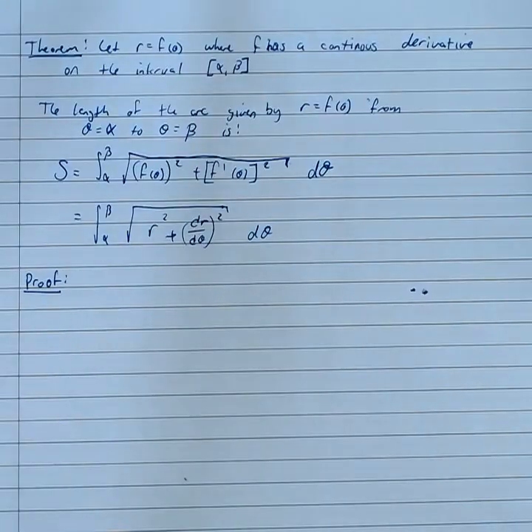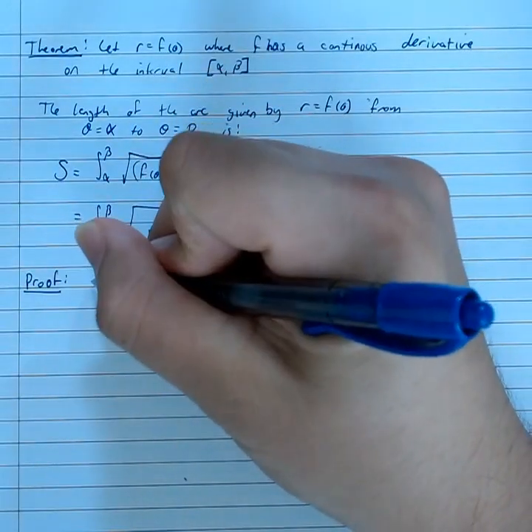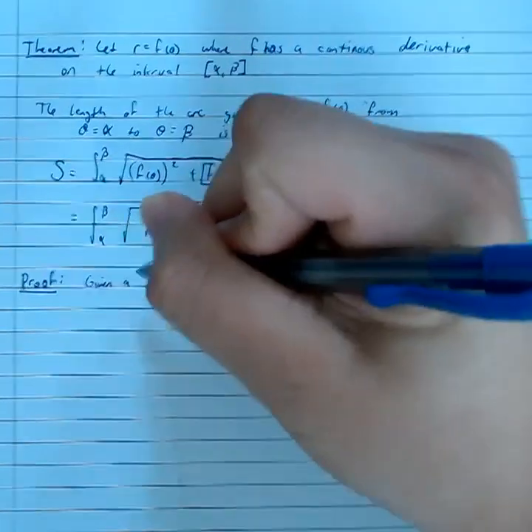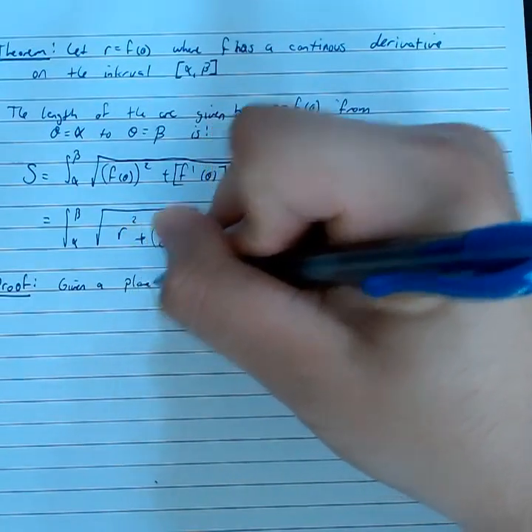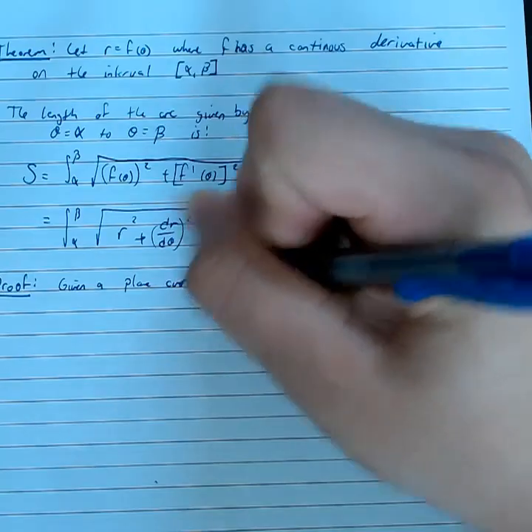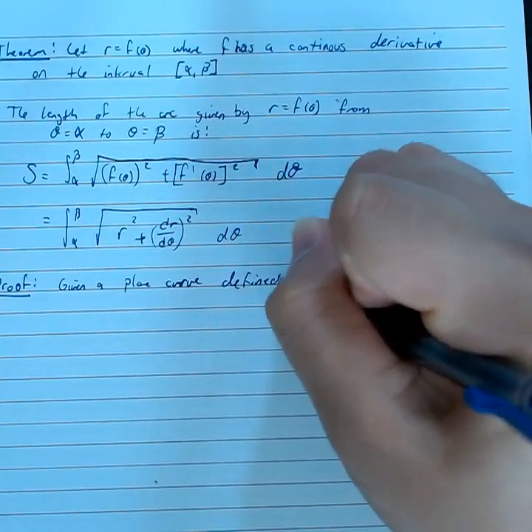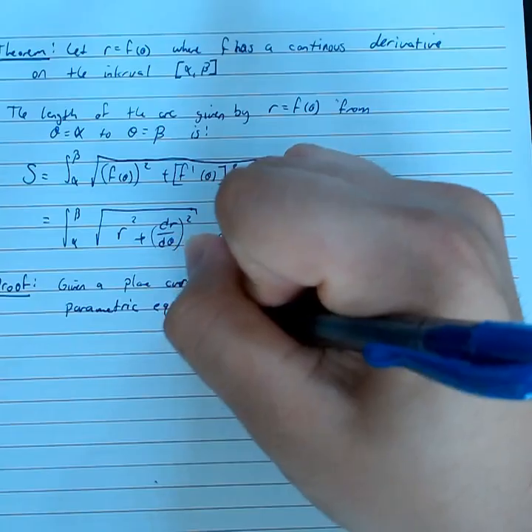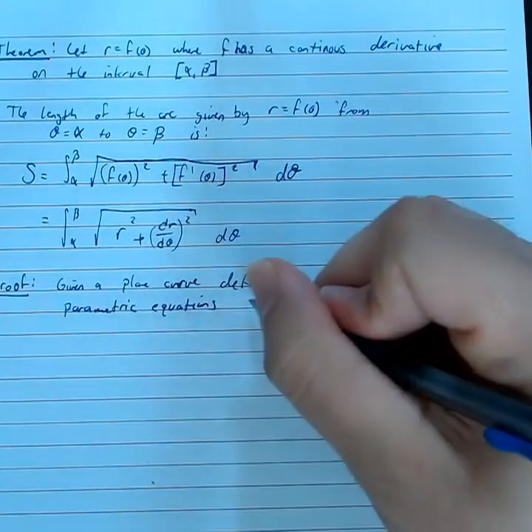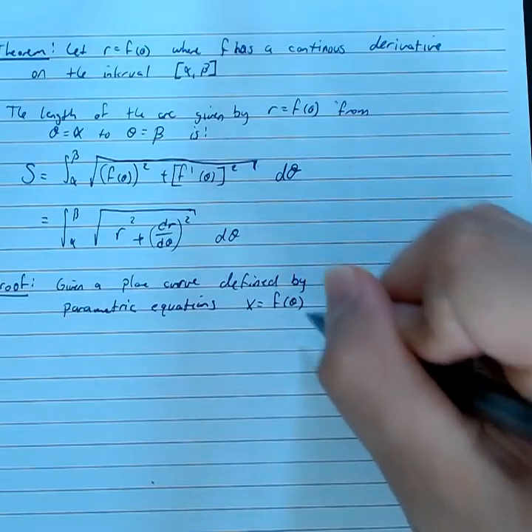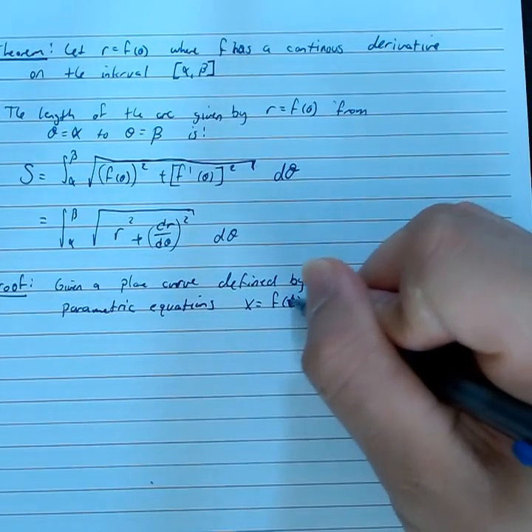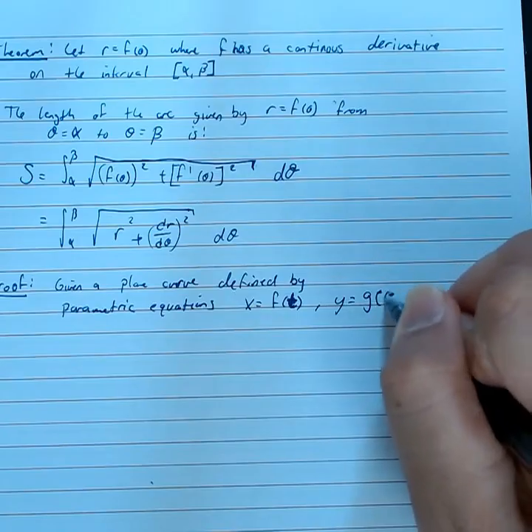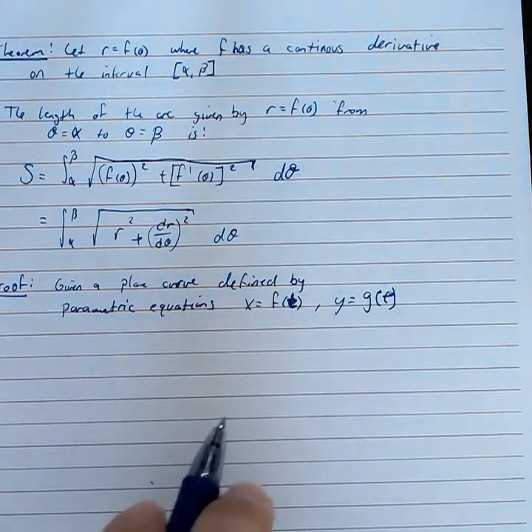Just to start this off, go ahead and recall that given a plane curve defined by the parametric equations x equals f of t, here let's say f of t, that way we don't confuse it with the theta from above, and y equals g of t. So you have a plane curve given by a couple of parametric equations.